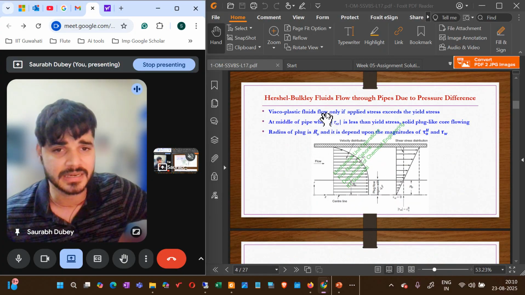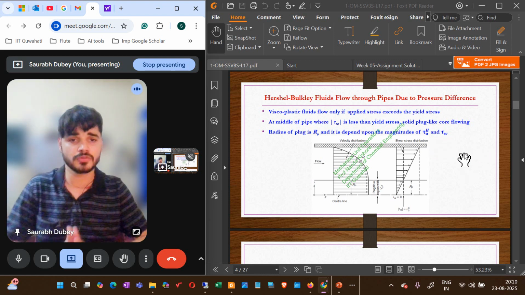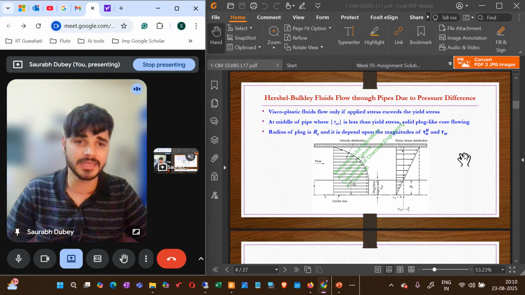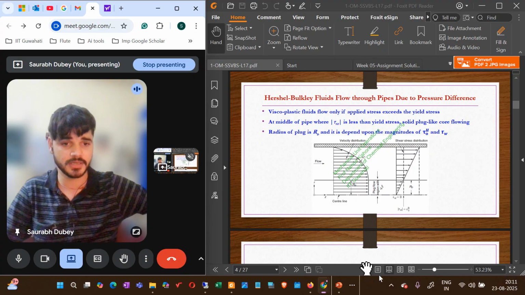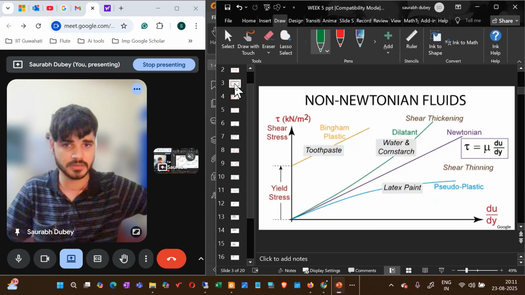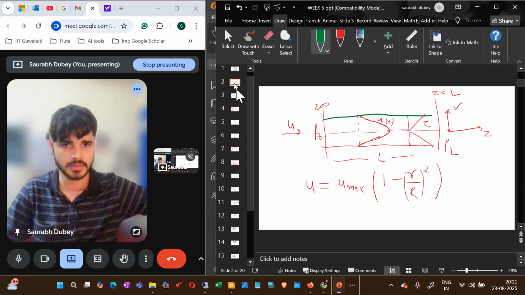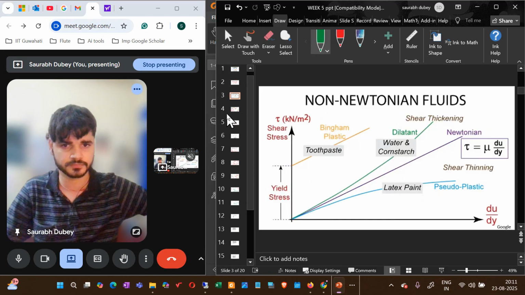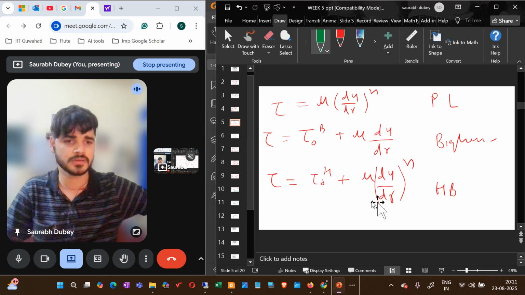So if you see that Herschel-Bulkley fluid flow through pipe due to pressure difference, the viscoplastic fluid flows only if the applied stress exceeds the yield stress. Like we have already seen in our discussion about this Herschel-Bulkley fluid, here I think I just wrote this one. You say Herschel-Bulkley fluid, there is this threshold yield stress, right?